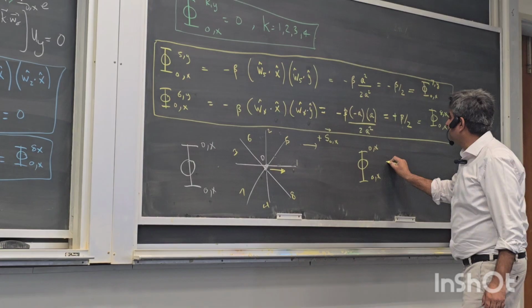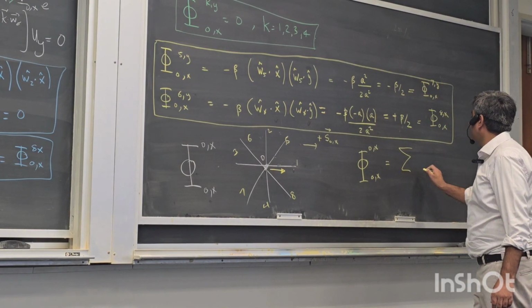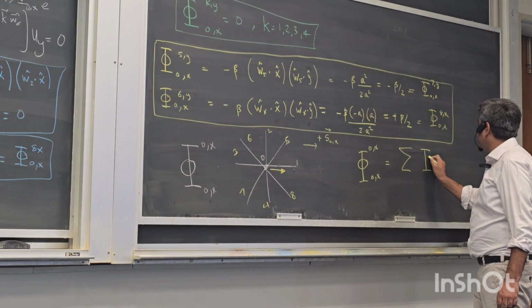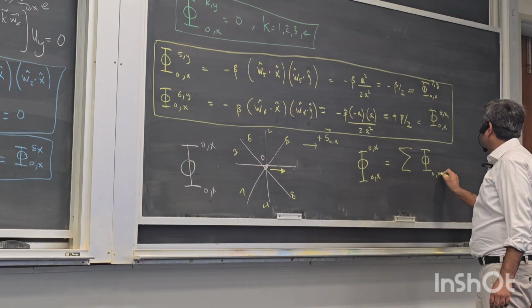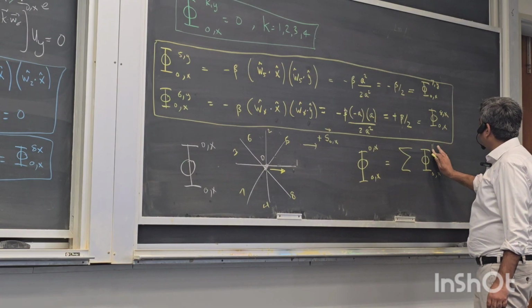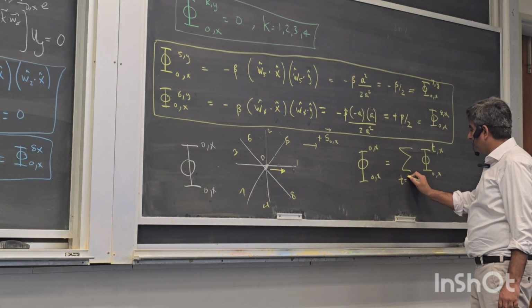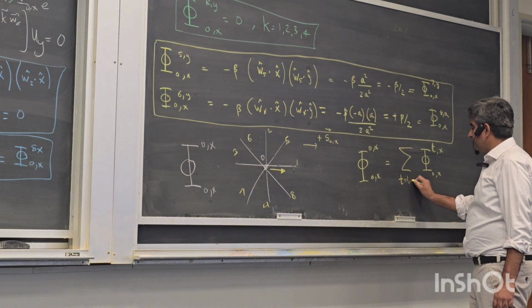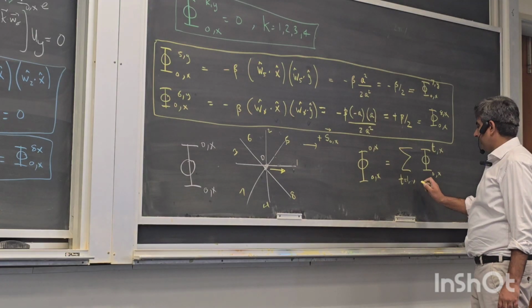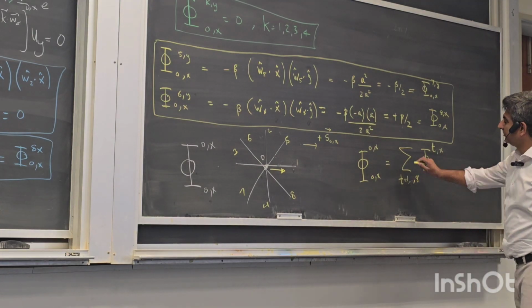So this phi 0x 0x is the same as the sum over all phi 0x tx, where t is 1 to 8, with a minus sign.